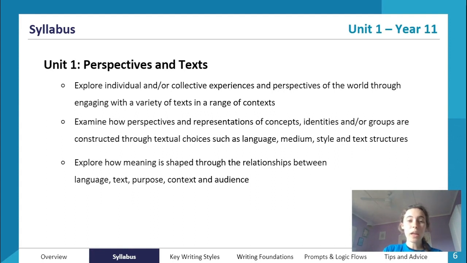So exploring individual or collective experiences and perspectives through engaging with a variety of texts, examining perspectives and representations with identities and groups, and exploring how meaning is shaped through relationships between language, text, purpose, context, and audience. So all those things that go into a text.